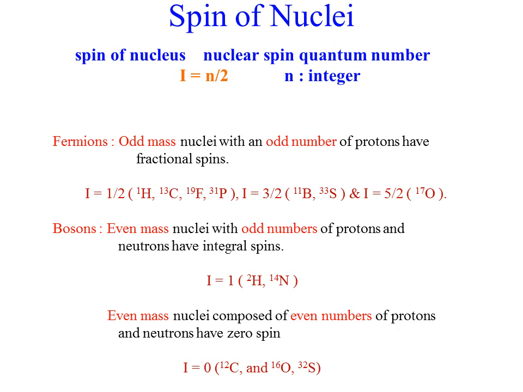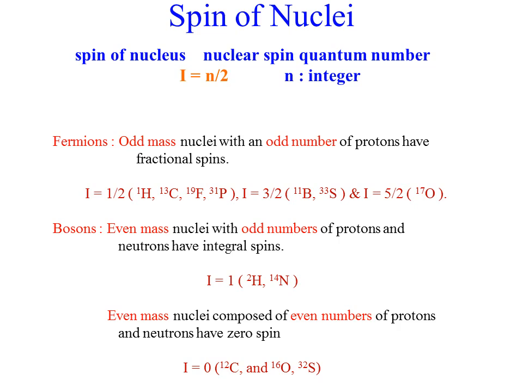The second type is called bosons, when the atom has an even mass while the number of protons is odd. Such atoms also have spin, such as hydrogen 2 and nitrogen 14.